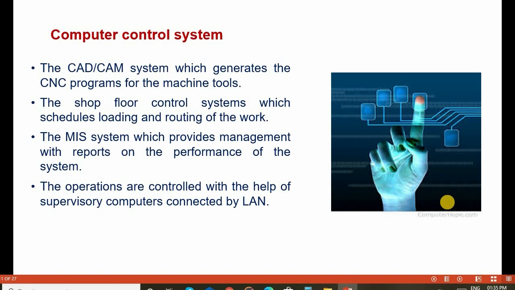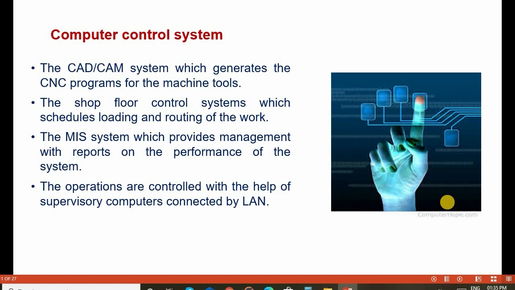So the computer helps in shop floor control in various operations, such as scheduling the loading and routing of the work. The MIS provides the management with reports on the performance of the system. The management information system provides the various management activities with proper reports of the performance of the system.